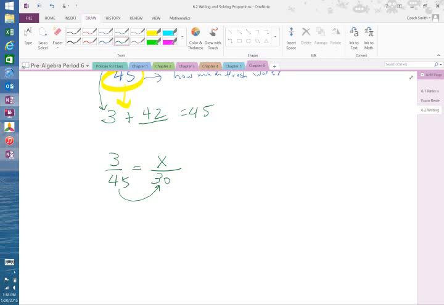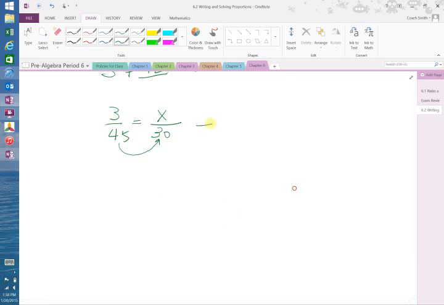This one you're going to have to solve algebraically. Why is that? Well, what do I do to 30 to make it 45? Obviously, y'all don't know, but I do. So we've got to solve it algebraically.